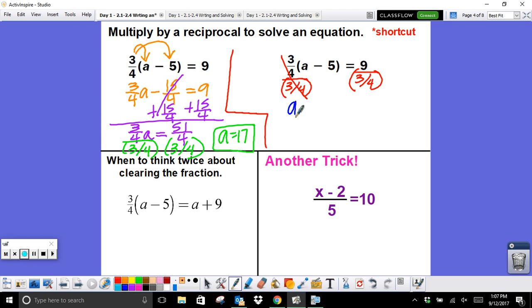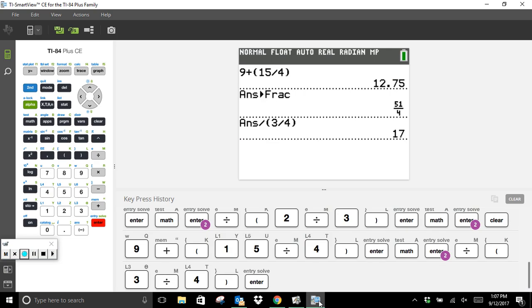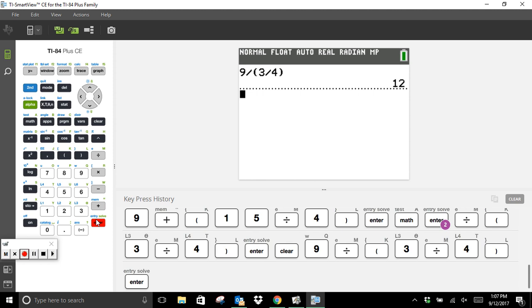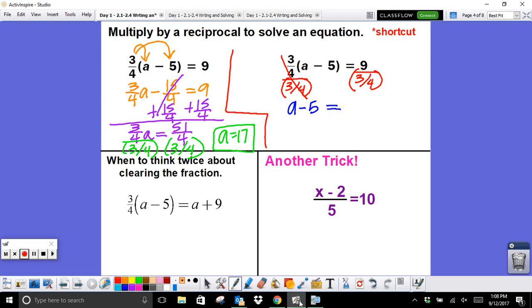So what I have now is A minus 5 equals, now I need to do 9 divided by 3/4 in my calculator. So 9 divided by 3/4. And I get 12. So now look how nice this is. I have A minus 5 equals 12. If I add 5 to both sides, I get 17.